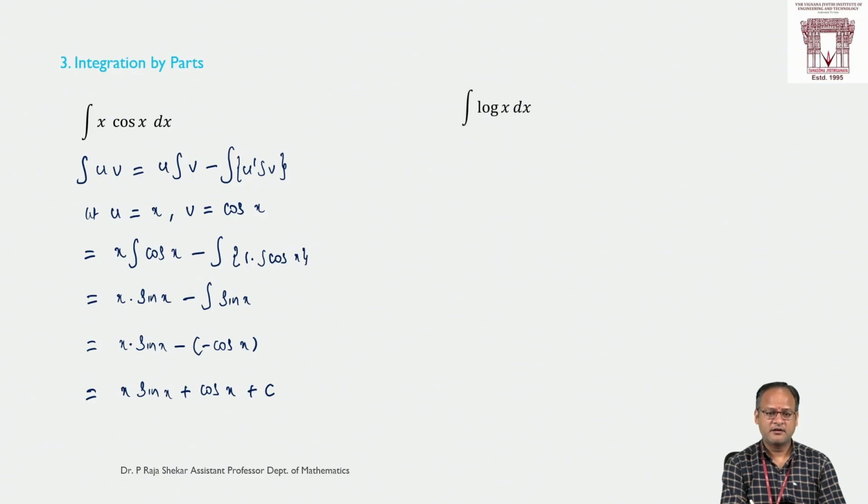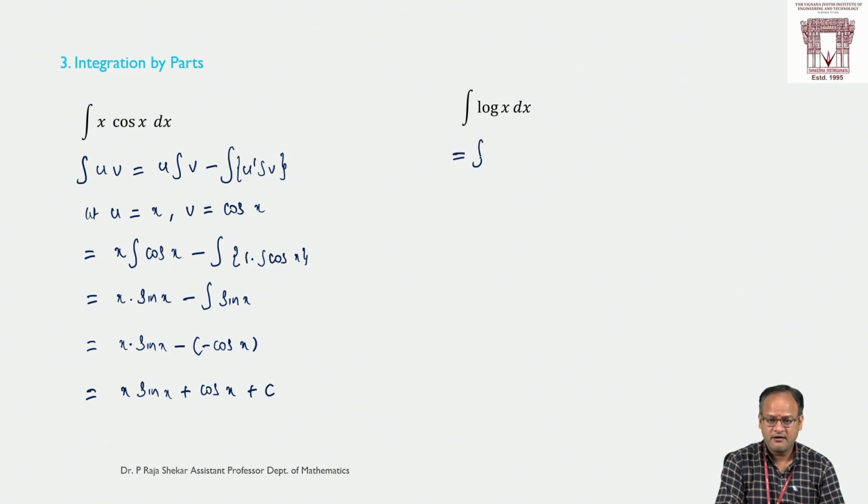Let us illustrate with one more example. Integration of log x. As we could see, it is only log x, but how could we apply integration by parts? By rewriting it.